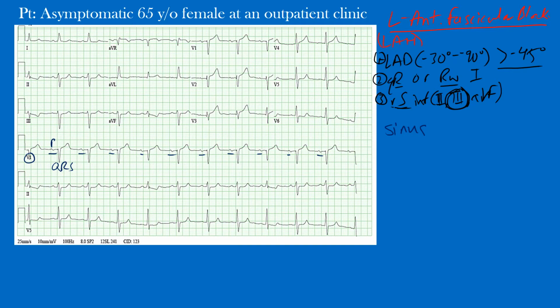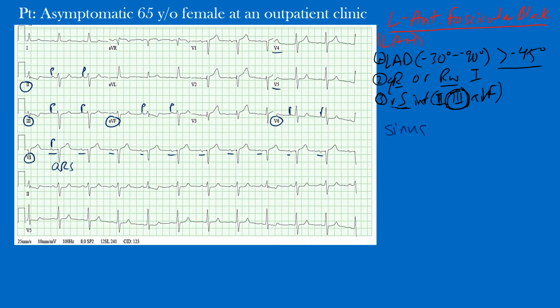We see positive P waves in the inferior leads, again 2, 3, AVF. Here's a P wave that's positive, a little hard to see in lead 2, and then in AVF, we see these upright P waves. You can also see them in the lateral leads, usually V4 through V6. A little hard to make them out in V4 and V5, but in V6 we can see them.